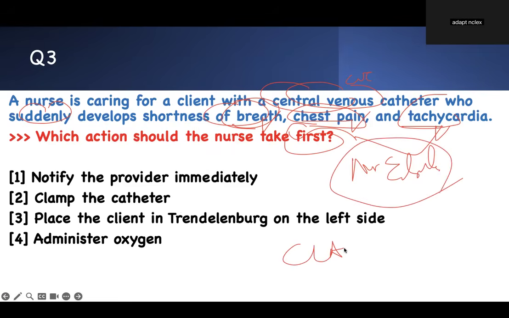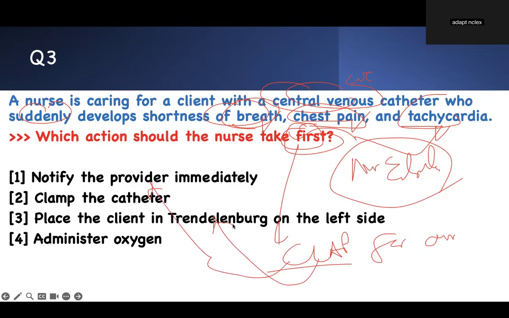I call it CLAP for air. The CLAP is C-L-A-P, and that's the order in which you should take action. What is the first thing? You should do the C. The C is clamp the catheter. L, place them in the Trendelenburg position on the left side.